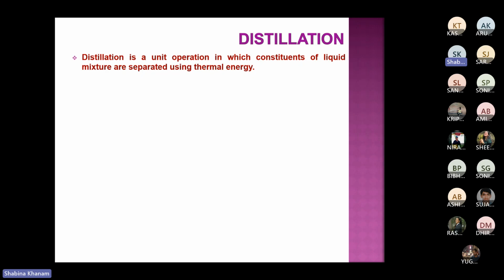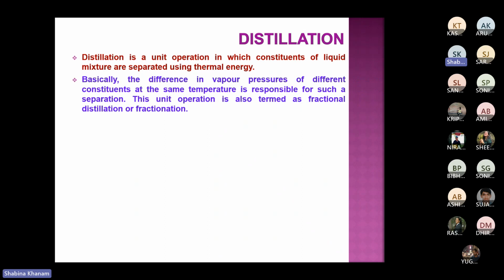You get the thermal energy, and that thermal energy will be required to achieve a required temperature, and at that temperature what constituent can be separated depends on the component's property. That level we can achieve by providing heat, which we get from the reboiler. So that is the basic thing about this.